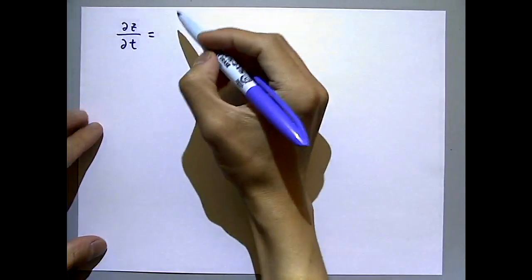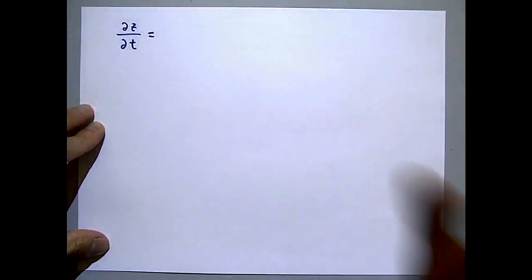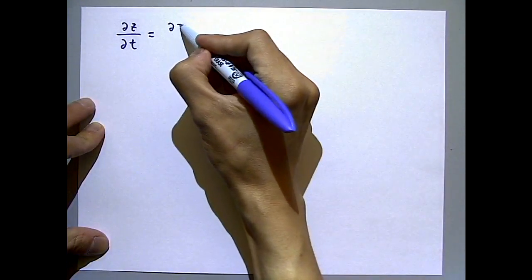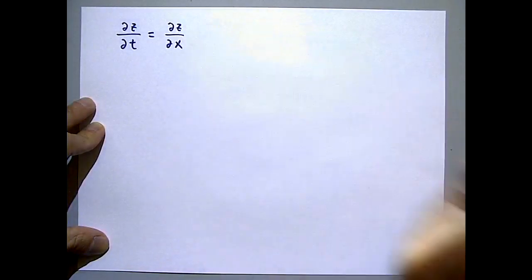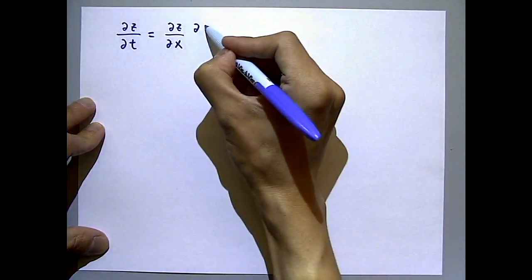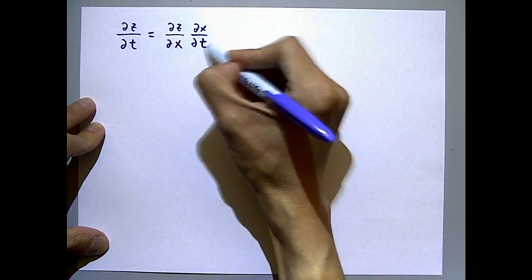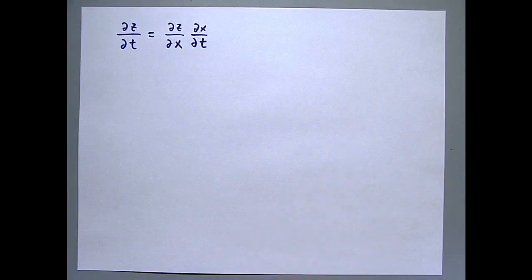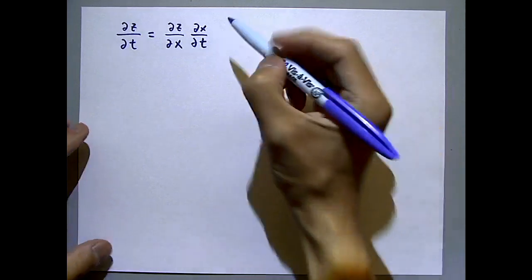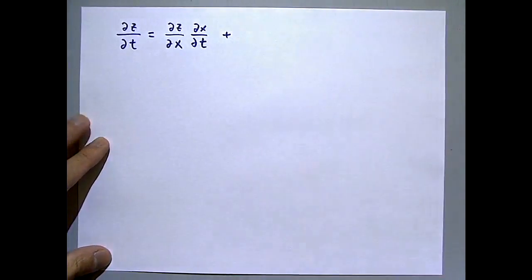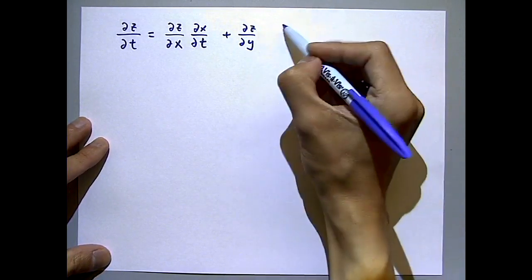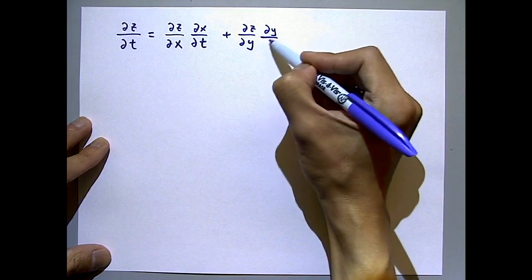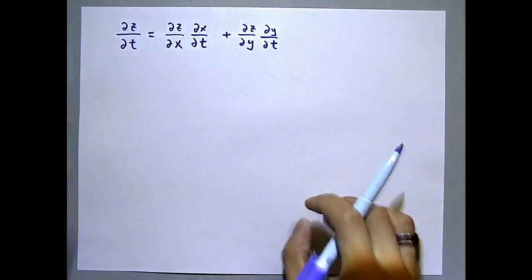So to account for how t affects x and how x affects z, we do exactly the same thing we just did. Partial z, partial x, and then partial x, partial t. And then the other route, partial derivative of z with respect to y, and then how y is affected by t.